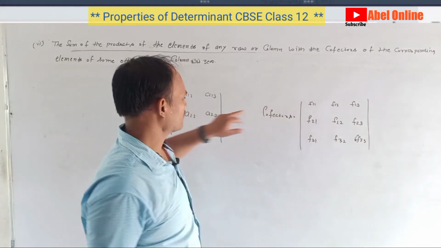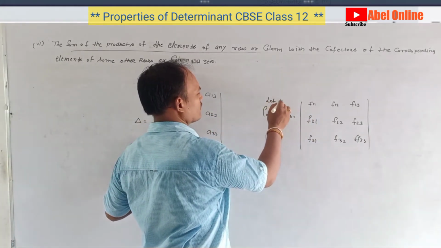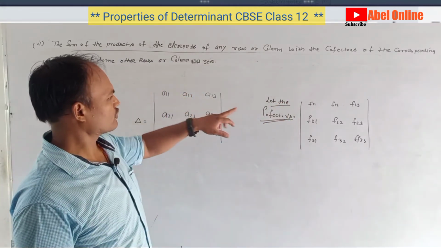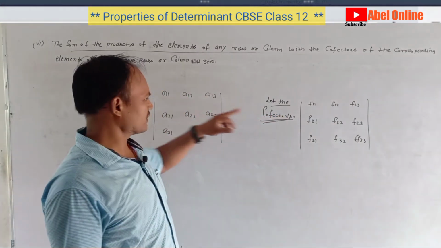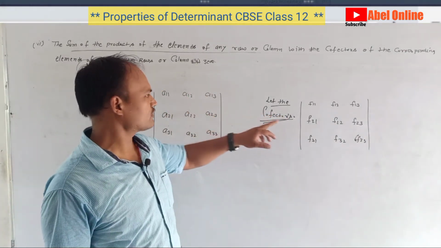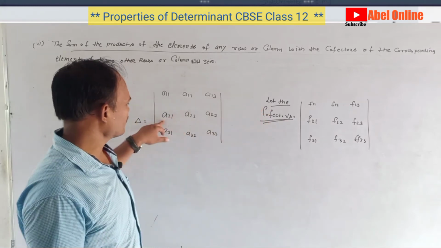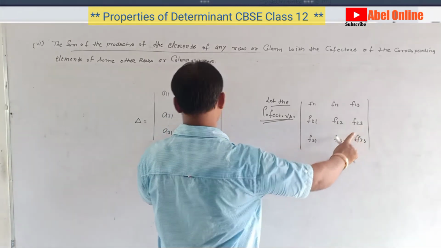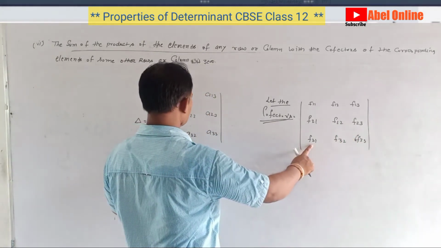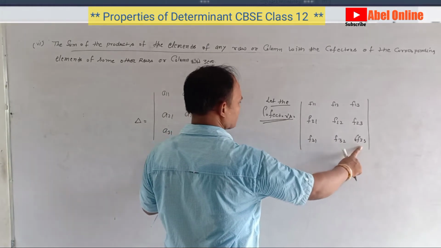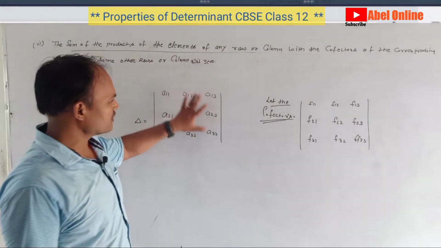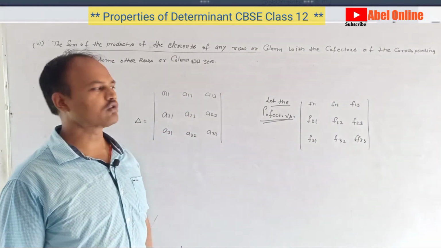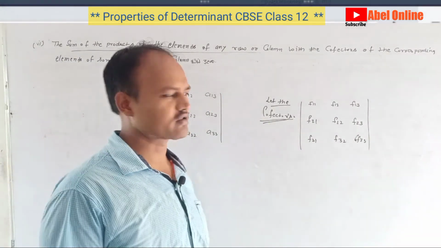The cofactor of a11 is f11, a12 is f12, a13 is f13, a21 is f21, a22 is f22, a23 is f23, a31 is f31, a32 is f32, a33 is f33. So this is the determinant and this is its cofactor determinant.